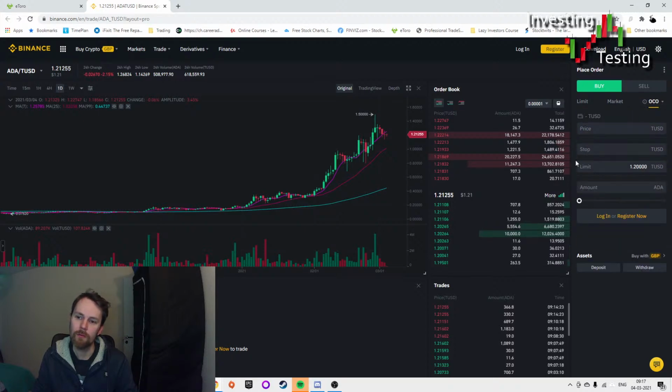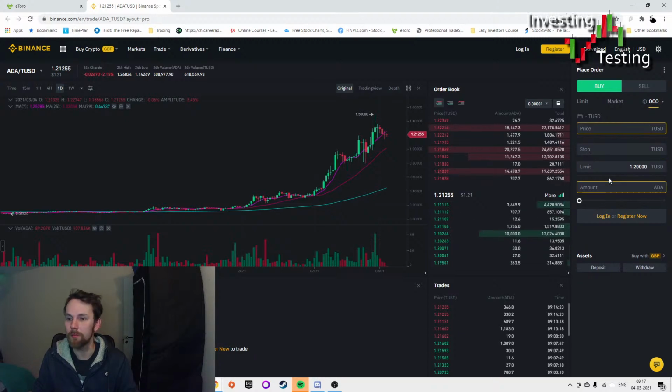And then you have the OCO, which I believe is... I really haven't used Binance so much, so I really don't know, and I haven't played with OCO at all. I've basically used Binance for investments and never really traded with it. But it seems like it's really powerful to be able to trade.